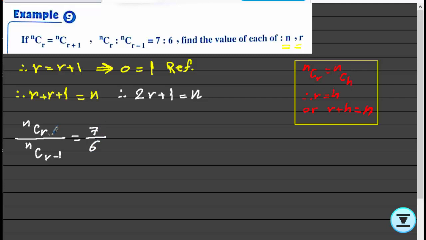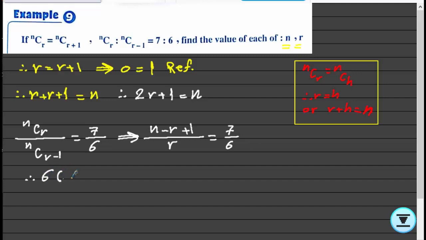We use the ratio rule, the ratio between nCr and nC(r-1). The left hand side will be n minus r plus 1 over r equals 7 over 6.